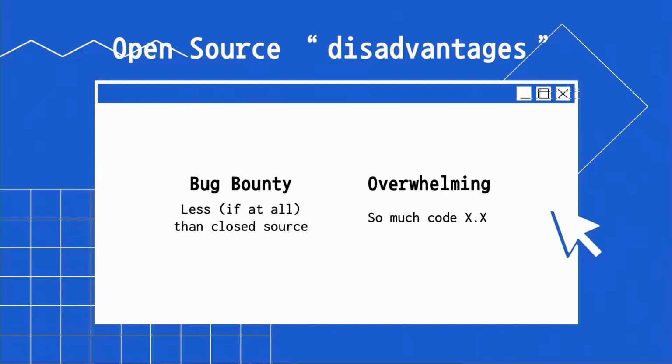I'm not saying that closed source research isn't overwhelming, but if you already have the whole source code, I find myself wasting a lot of time trying to understand code that might not really be relevant to what I'm currently researching, only because I want to see and know how it works. So in my experience, it's a bit overwhelming, but of course, closed source research is overwhelming as well.